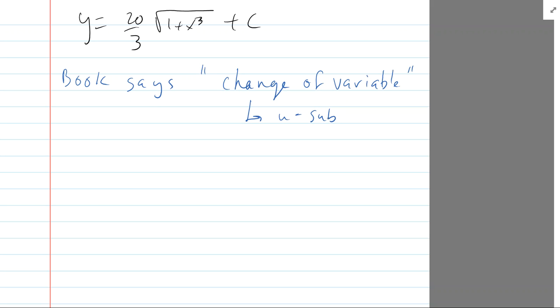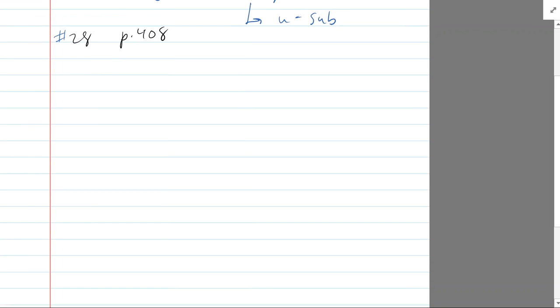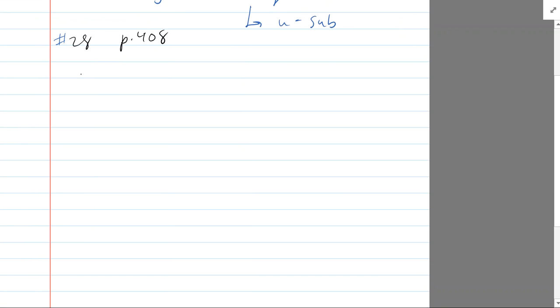Okay, so let's do number 28, page 408 in the book, just so you know where it comes from. They're not going to solve this time. They're just going to say solve, but they're going to give you an integral.